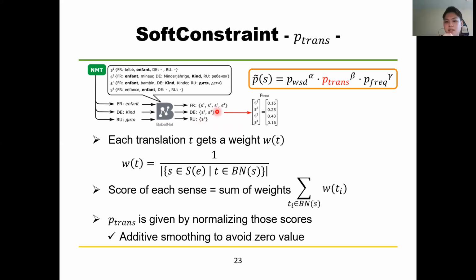So in this case, sense number 3 will get the highest score. After that, we normalize those scores to form the probability distribution P-trans. And when performing normalization, we also perform additive smoothing to avoid zero values.